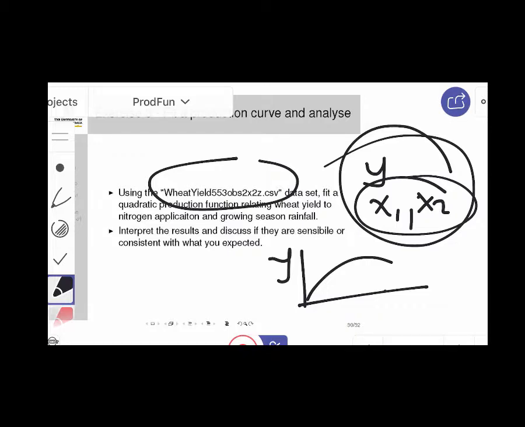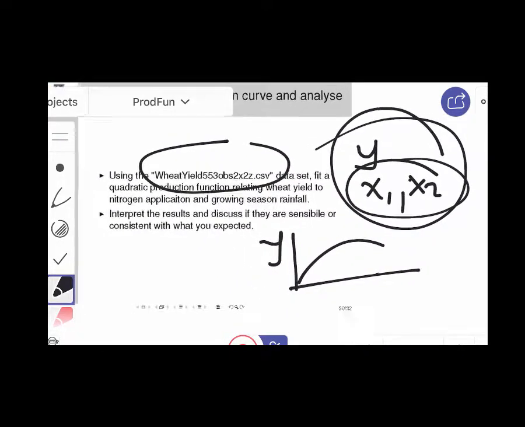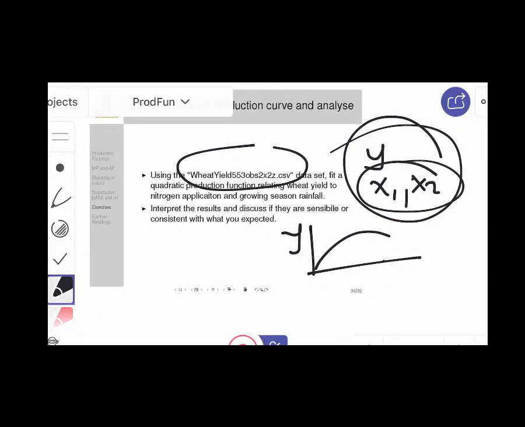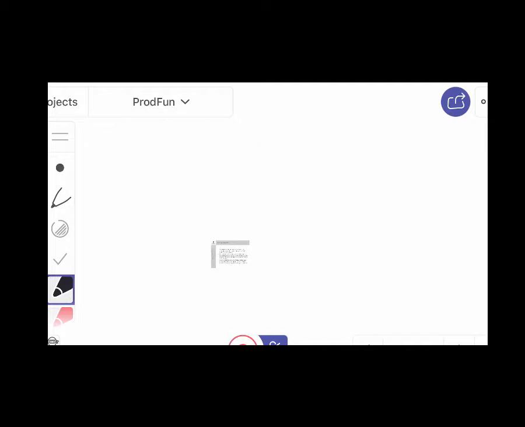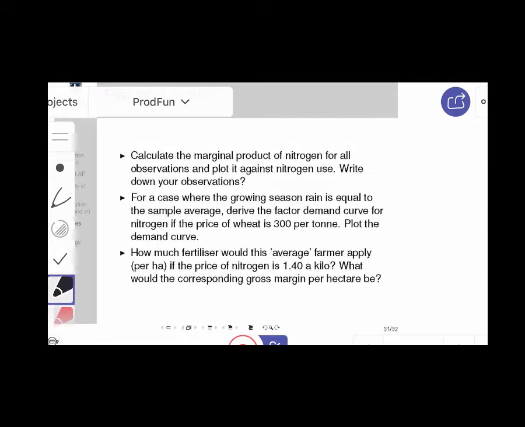But if you start with a quadratic, that might be flexible enough for you to get some reasonable results, but I will leave that to you. Then interpret the results, discuss if they are sensible, and using those results, which are your empirically estimated production function, then calculate the marginal product and try to see what it looks like for different observations in the data set.